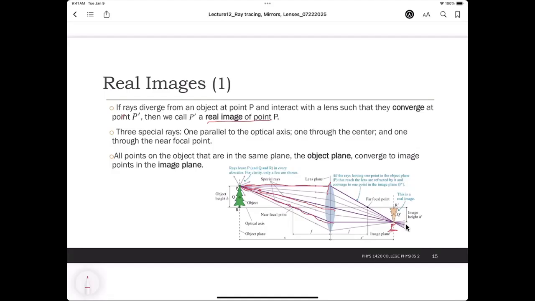Those three special rays can always be converged into this real image point. All points on the object that are in the same plane, the object plane, converge to image points in the image plane. This is the image plane. Does it make sense to you? Okay, these are some definitions for real images.